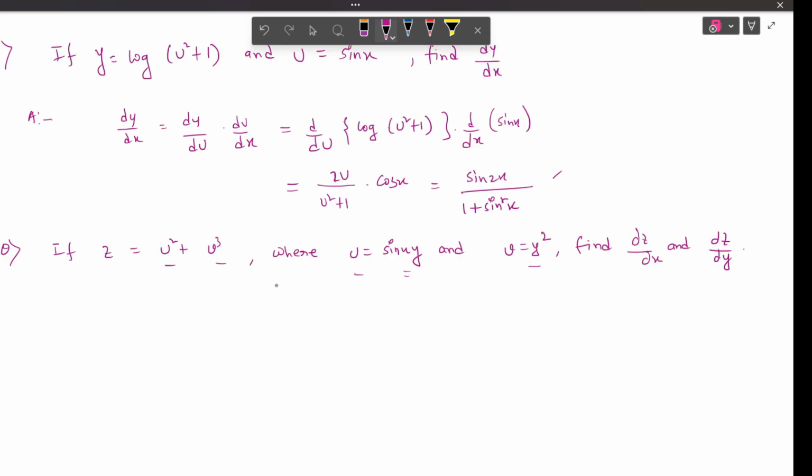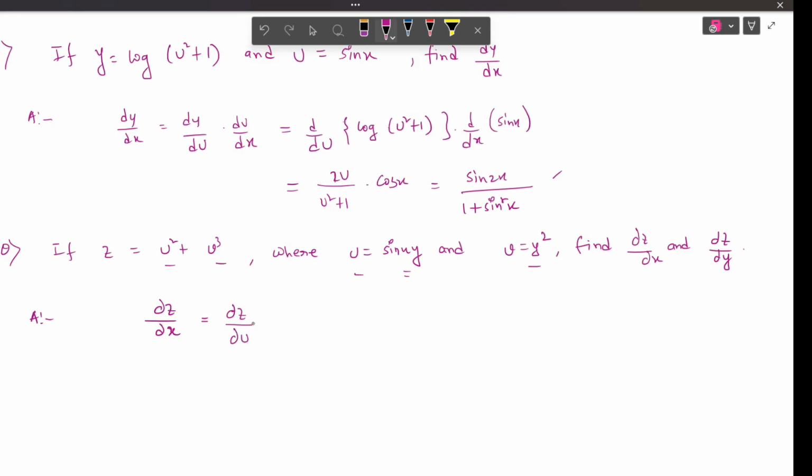We have to find delta z upon delta x, so we have to apply the chain rule. Delta z upon delta x: z is a function of u and v, so let us write one by one.